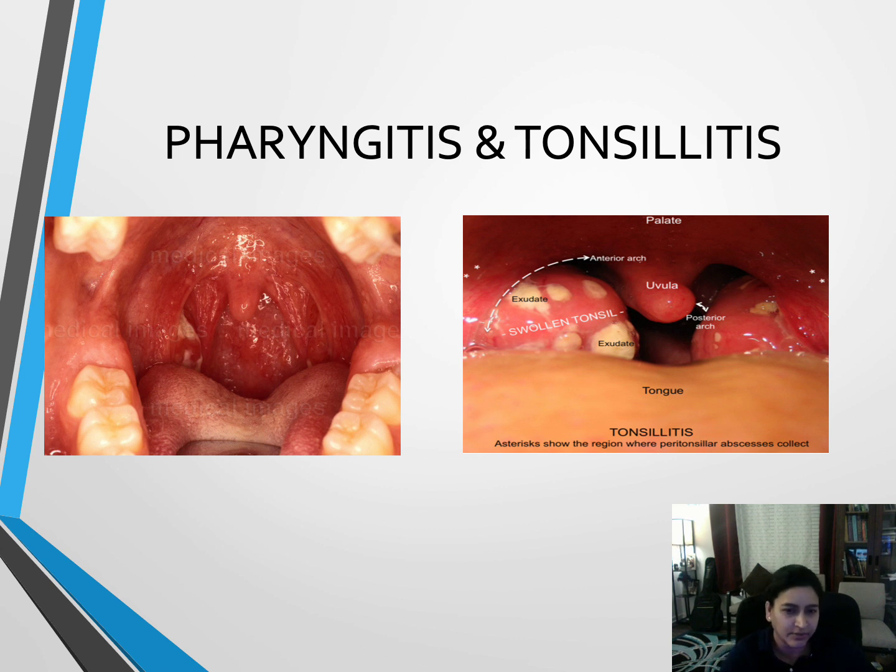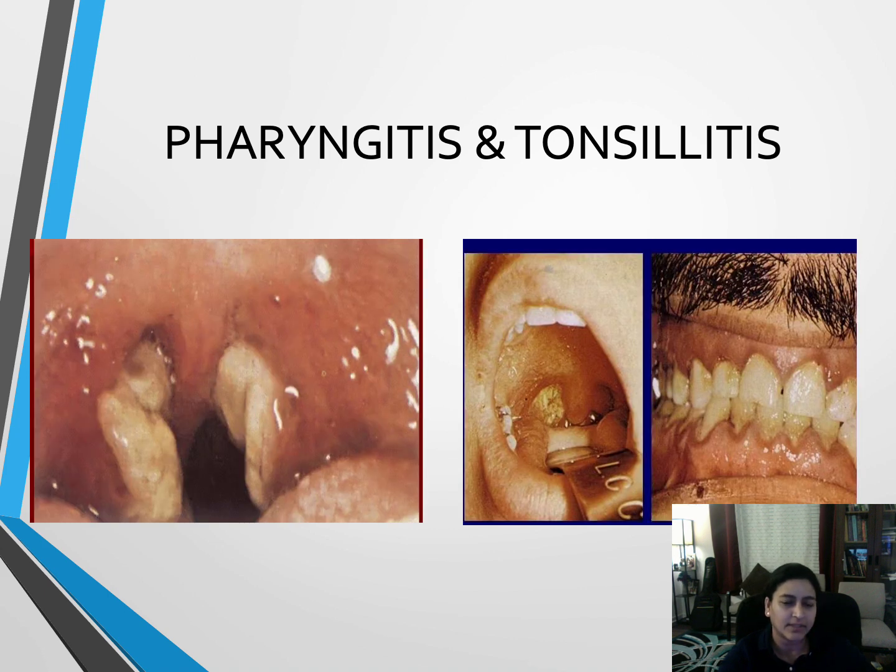As you can see over here, the region where peritonsillar abscesses collect is inflamed, and there is active work going on, where the pathogen is being tackled by the WBCs, and it also shows some abscess formation.